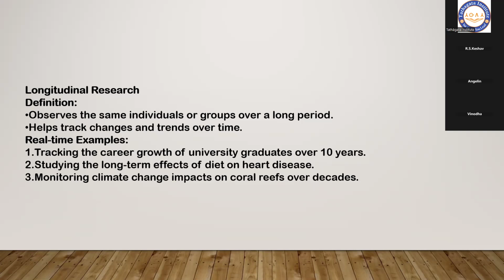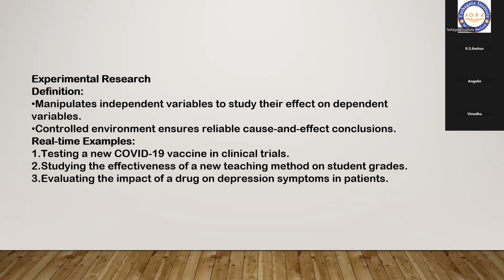Twenty years ago, how was the health of people, and now how is the health of people? The number of visits to doctors has increased, and the number of diseases has increased. All this comes under longitudinal research.